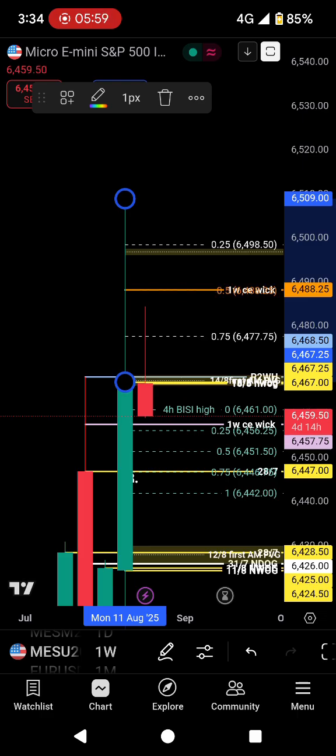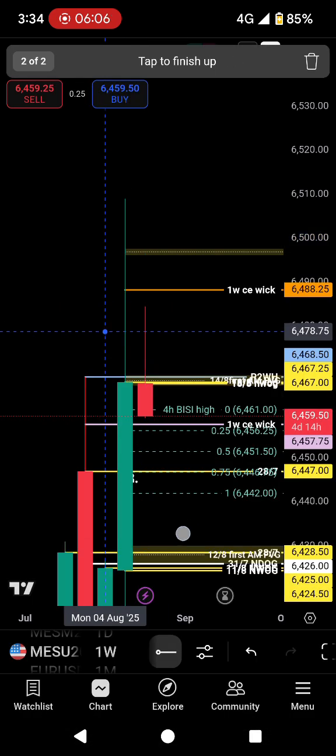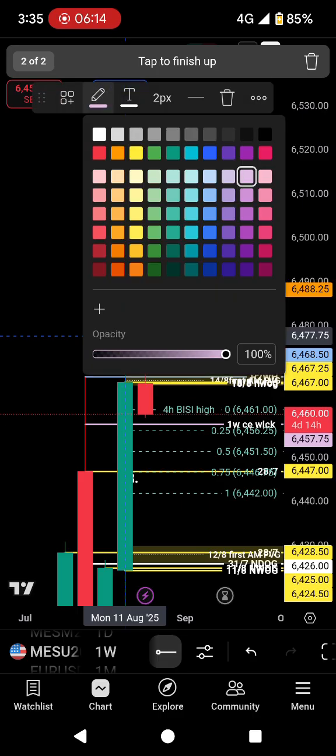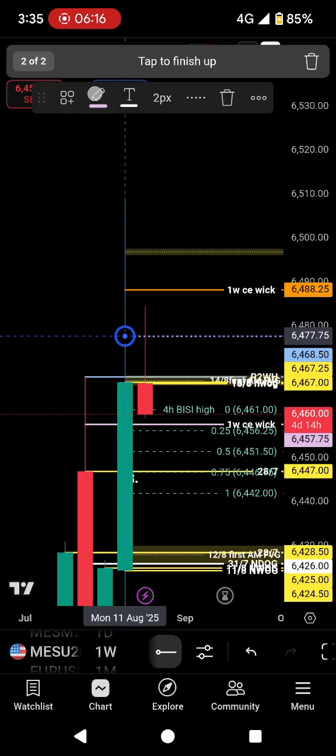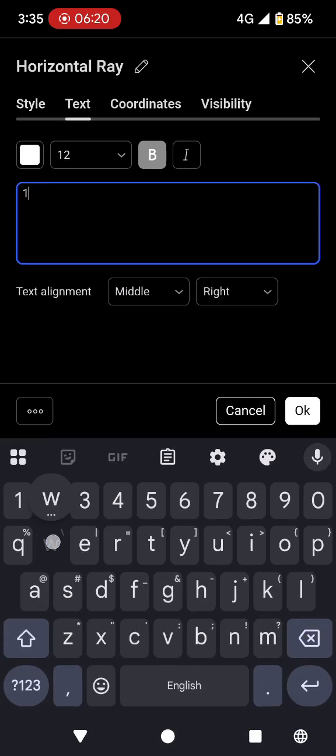We will note that going down to the lower chart, 6477.75, just to see if there's any reaction.